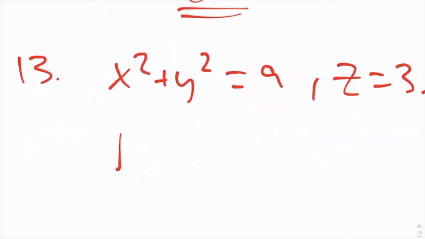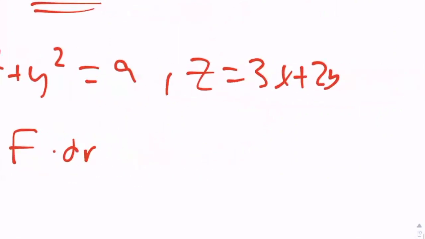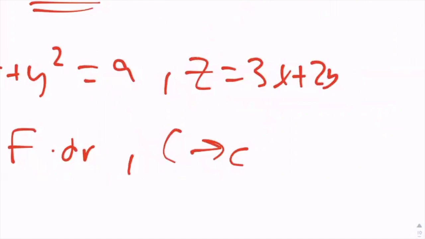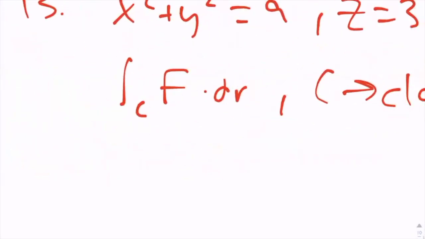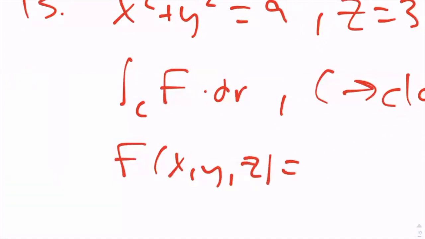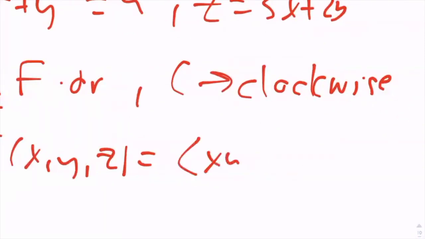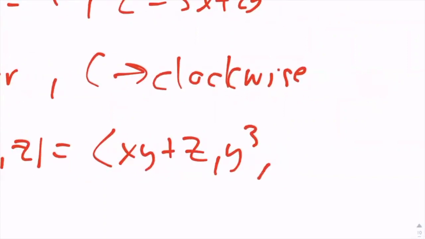And we're asked to evaluate the integral of F dot dr for the curve C, where C is oriented clockwise when viewed from above, from the positive z-axis. And we know that F of x, y, z, our vector field, is xy plus z, y cubed, 1 plus sine z.